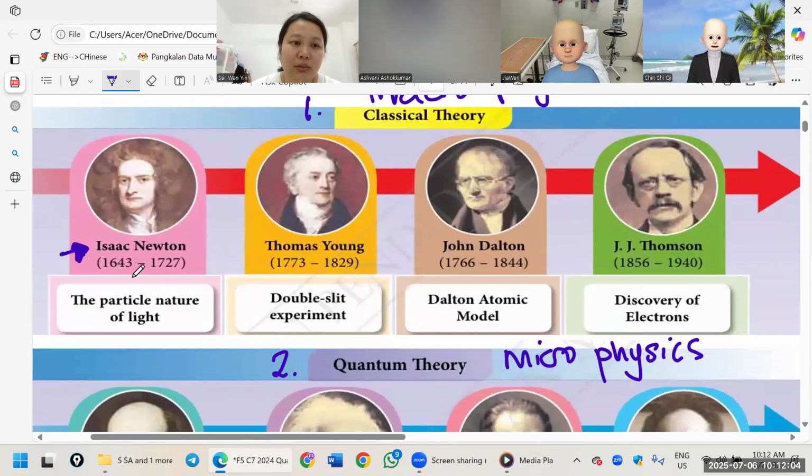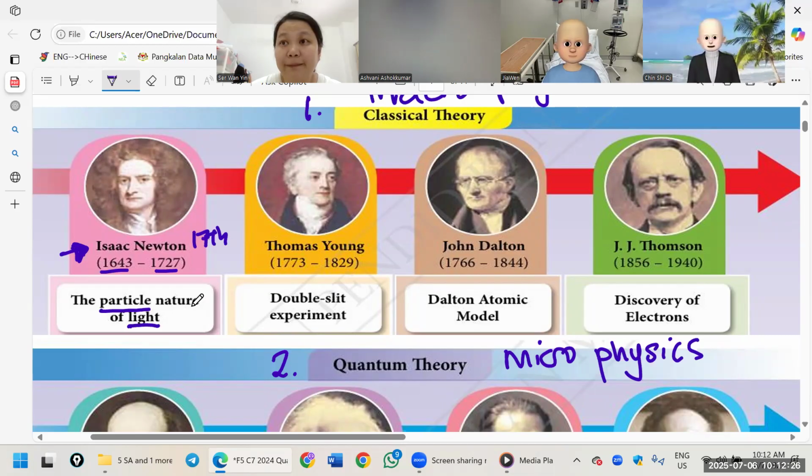First of all, Isaac Newton in the 17th century said that light can be particles. The light is like particles.